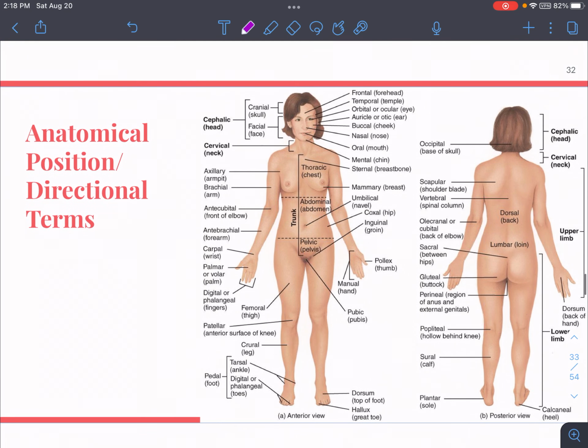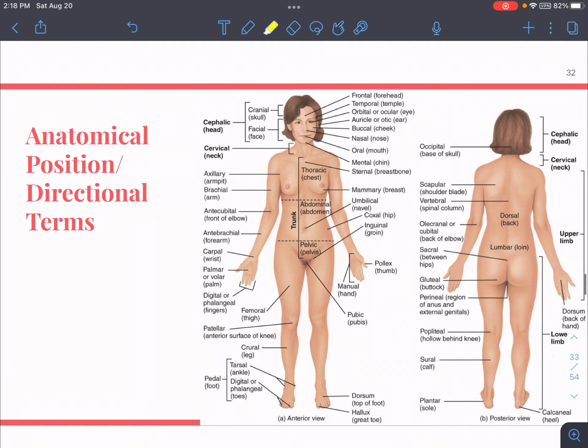Here's a whole collection of words. Cephalic, that's another name for head. Cranial also means your skull, what protects your brain. Cervical, that's for your neck.